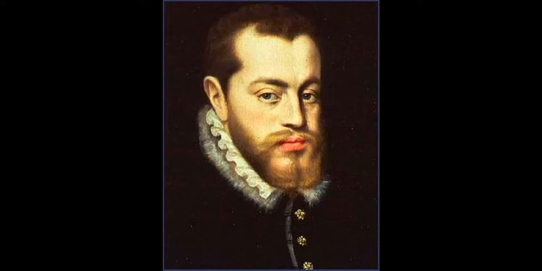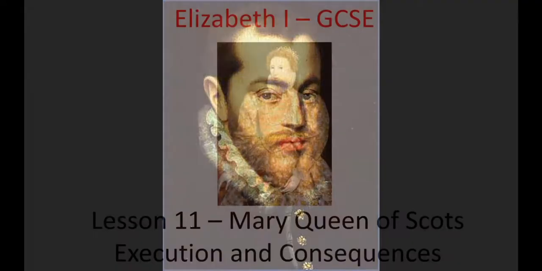They don't want to be controlled by a foreign power. And Elizabeth is getting increasingly entangled with that. So in the next lesson, we will shift our attention to those problems with Spain and see how they caused increasing conflict, which eventually led to the Spanish Armada.